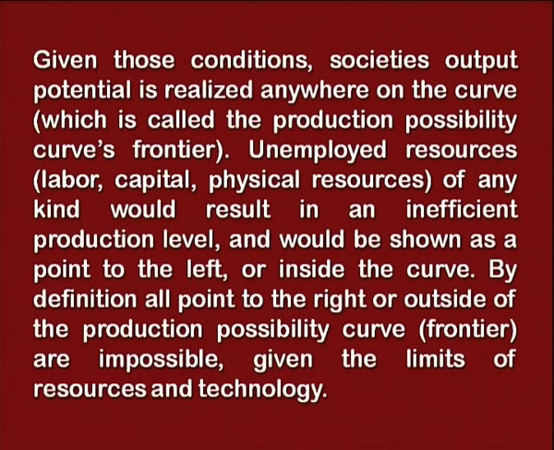Unemployed resources, labor, capital, physical resources of any kind would result in an inefficient production level and would be shown as a point to the left or inside the curve. By definition, all points to the right or outside of the production possibilities curve frontier are impossible given the limits of the resources and the technology.